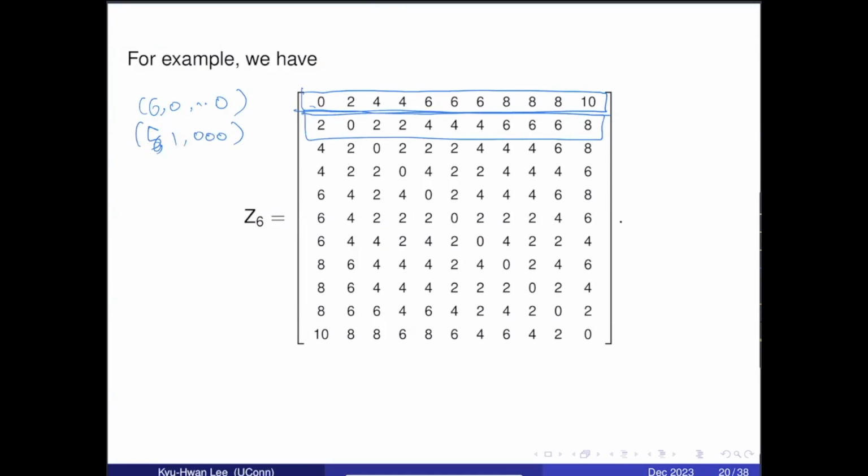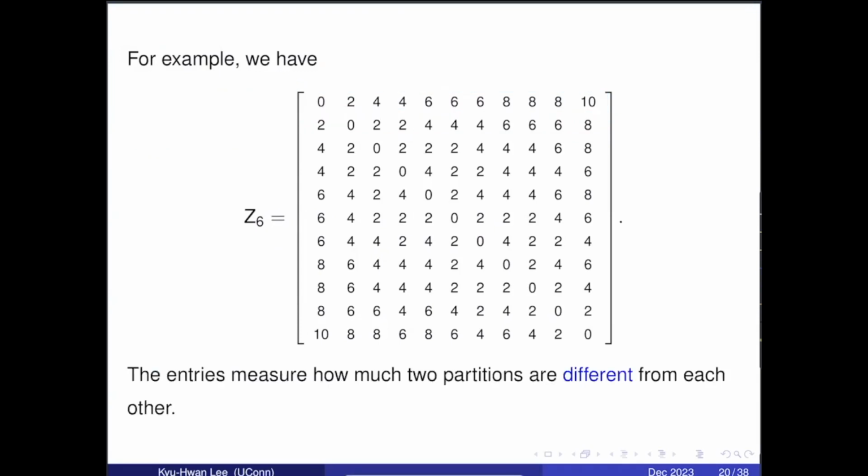But by construction, this matrix is already symmetric. And then the entries measure how much two partitions are different from each other. So on the diagonal, we see zeros because one partition is not different at all from itself. So we have all zeros. And then we have 10 here because 6000 and 11111 are quite different.